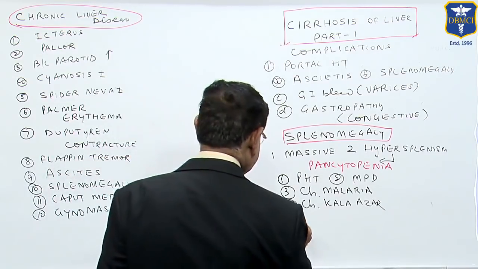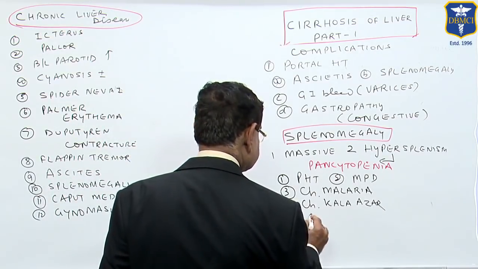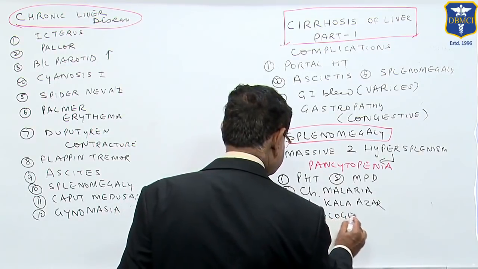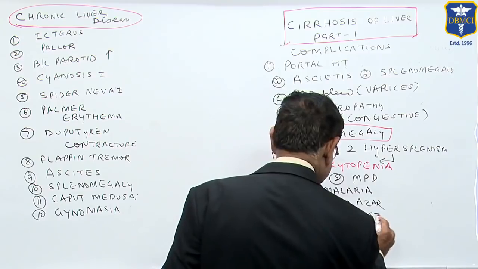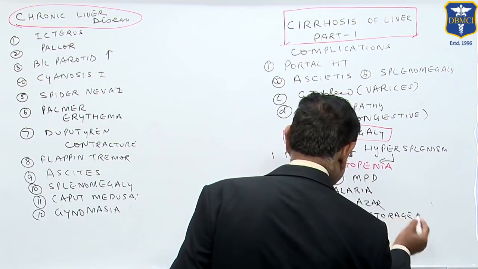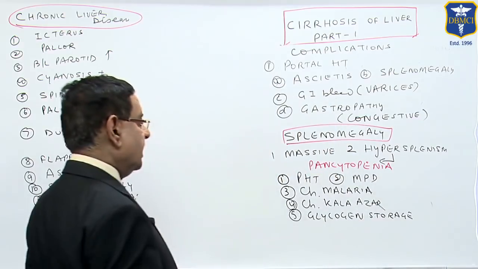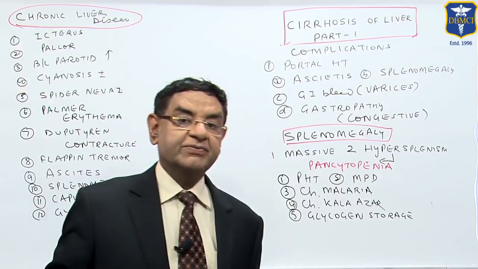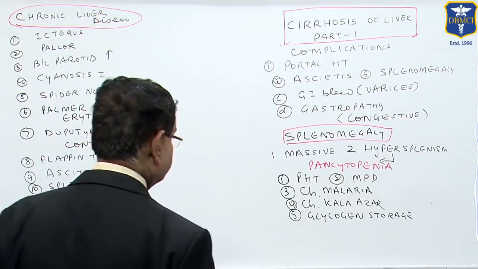Then glycogen storage disease. They are some of the important causes of massive splenomegaly.